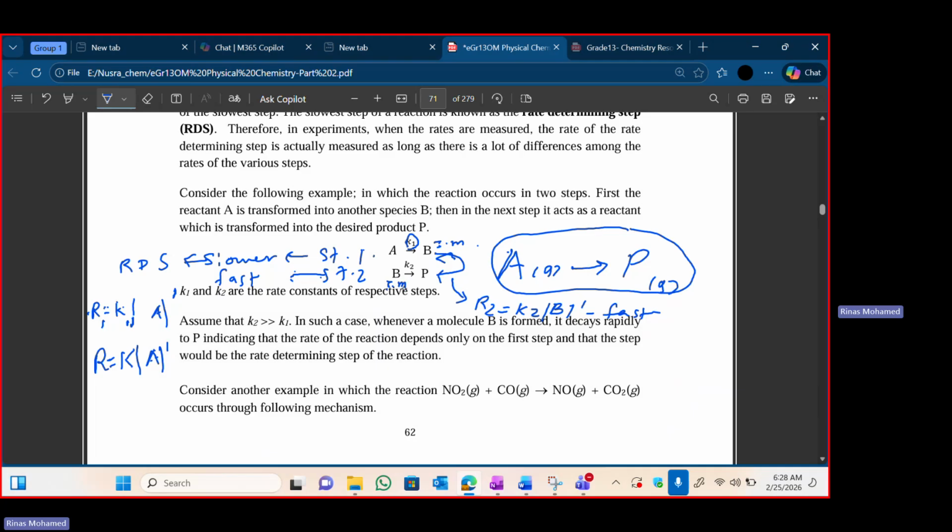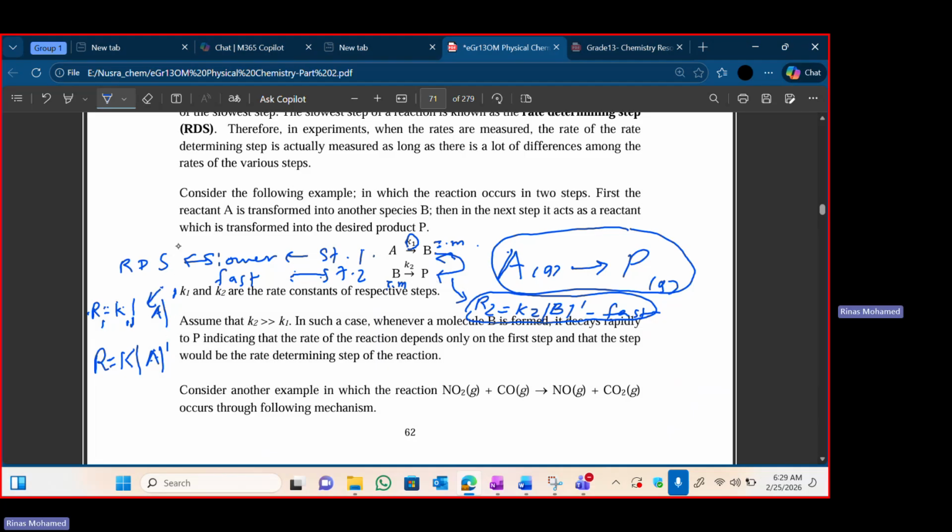This is a multiple step reaction and all the steps are elementary steps. For elementary steps, we can write the rate law like this for R2, because this is an elementary step, and for the first one also.